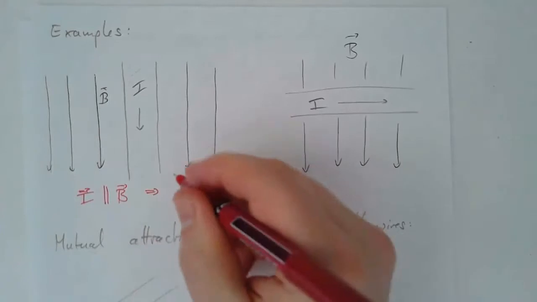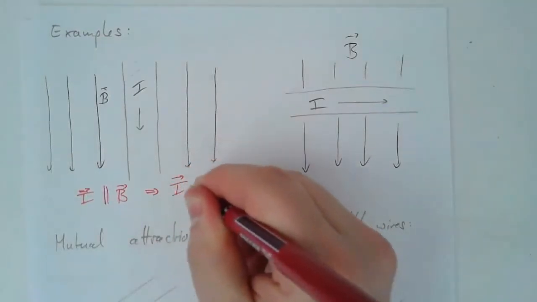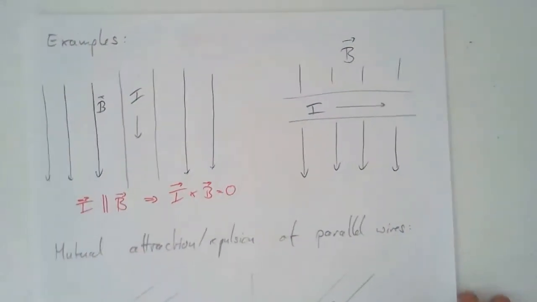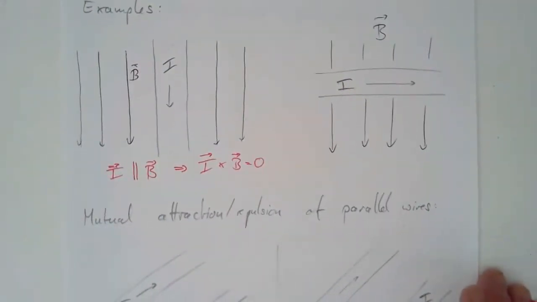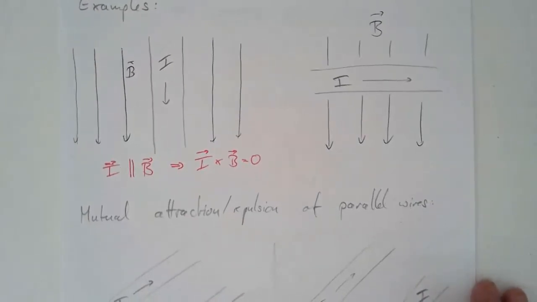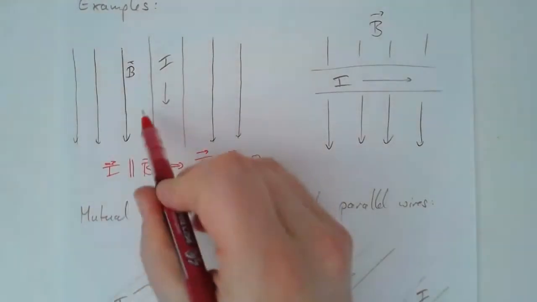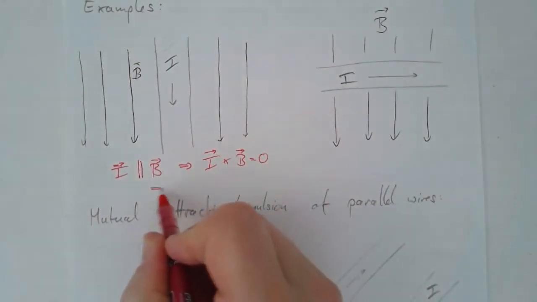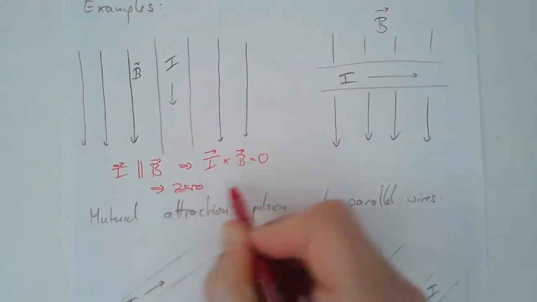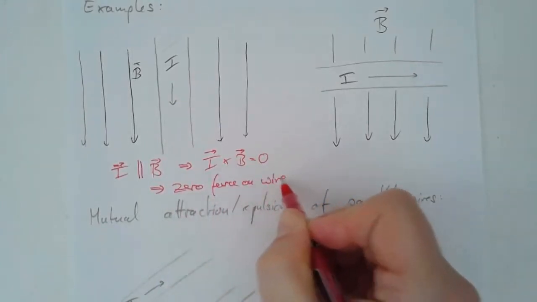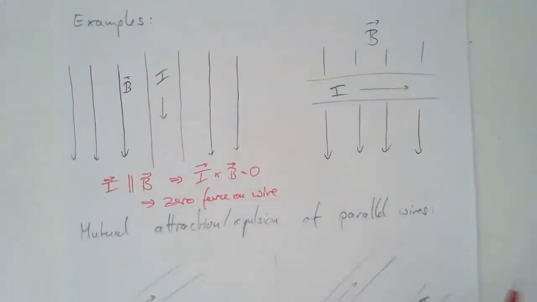So that implies that I cross B is 0. Remember cross product? If the direction of the two vectors is the same, the cross product gives you 0, because the sine of the angle between them is the sine of 0, which is 0. So there's 0 force on the wire in this example here.